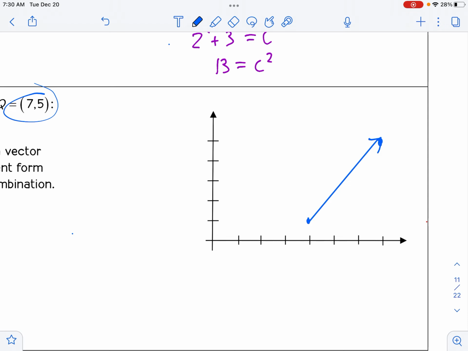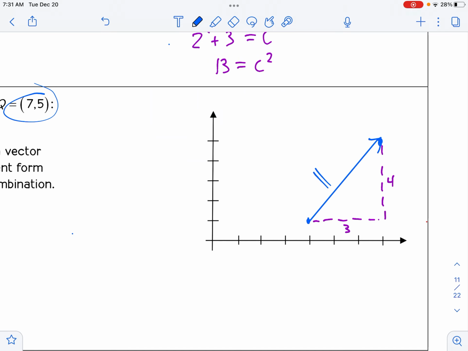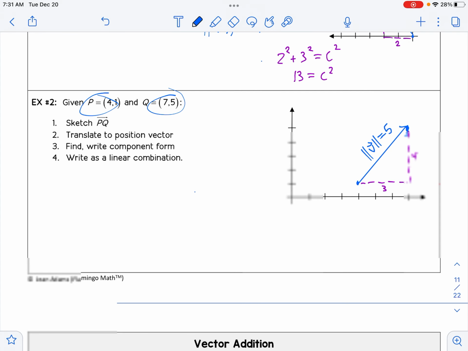All I'm still doing is turning this into a triangle, determining what the components of the vector are. So this would be 3, that would be 4. Then I'd be doing the Pythagorean theorem to find the magnitude of the vector. Again, that's a Pythagorean triple, so it ends up being 5, as the example above. But all we're trying to show here is that this vector may or may not be in standard position.